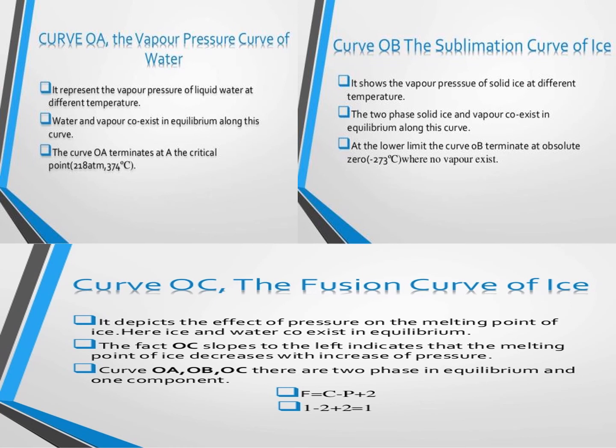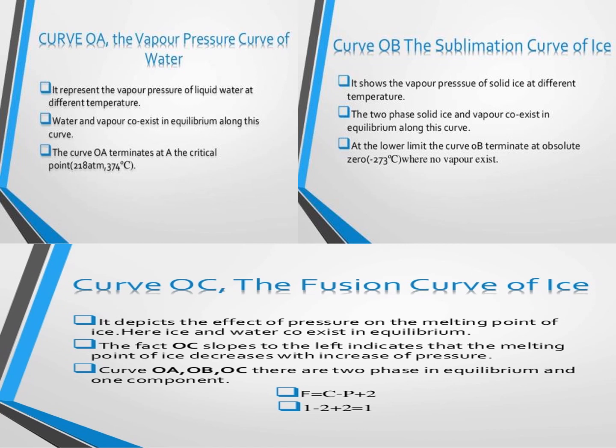In the phase diagram of water, curve OA is the vapor pressure curve of water. It represents the vapor pressure of liquid water at different temperatures. Liquid water and vapor coexist in equilibrium along this curve. The curve OA terminates at A, the critical point, at 218 atmospheric pressure and 374 degrees Celsius.